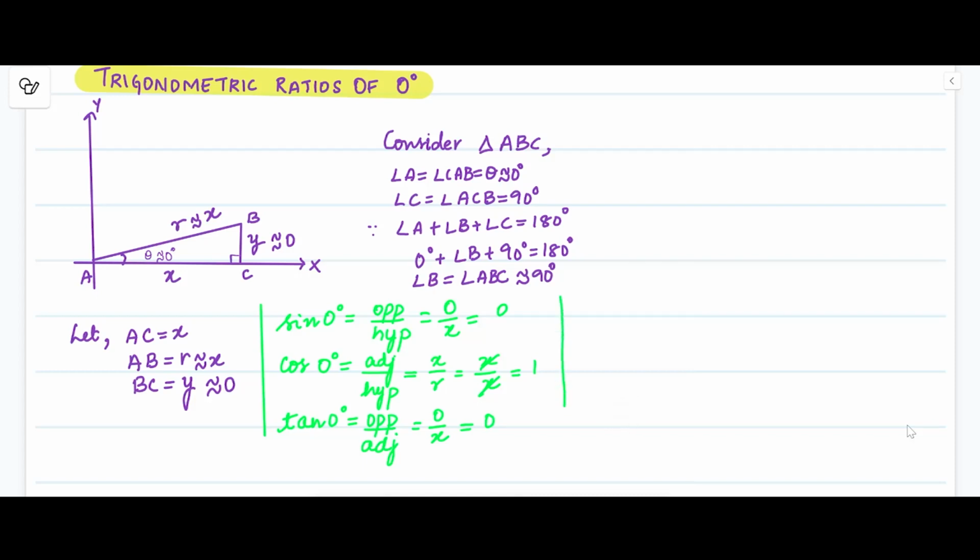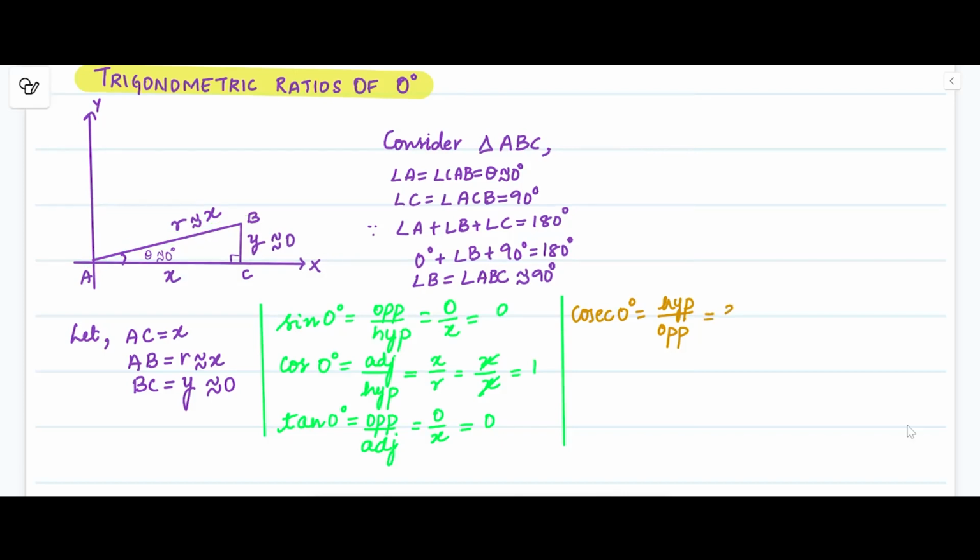Next are the reciprocals of the previous three functions. Next one is cosecant 0 degrees. The definition of cosecant theta is hypotenuse divided by opposite. Here we can see that cosecant theta is the reciprocal of sine theta. Hypotenuse side of the triangle is our side AB, which is having the value almost equal to x.